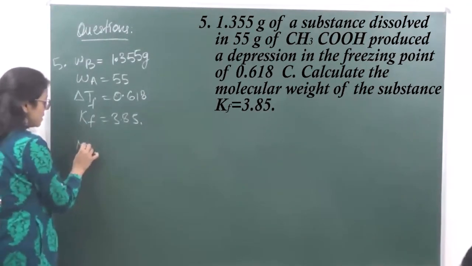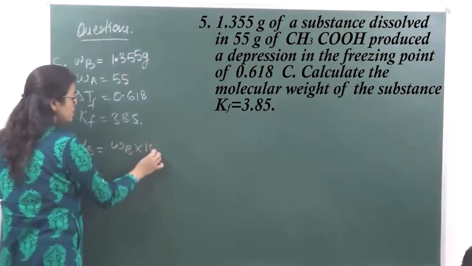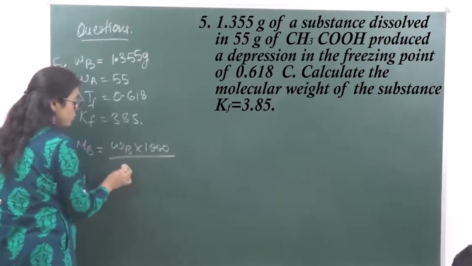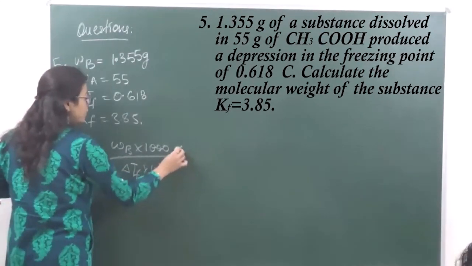We know that molecular mass is equal to WB into 1000 upon delta TF into WA into KF.